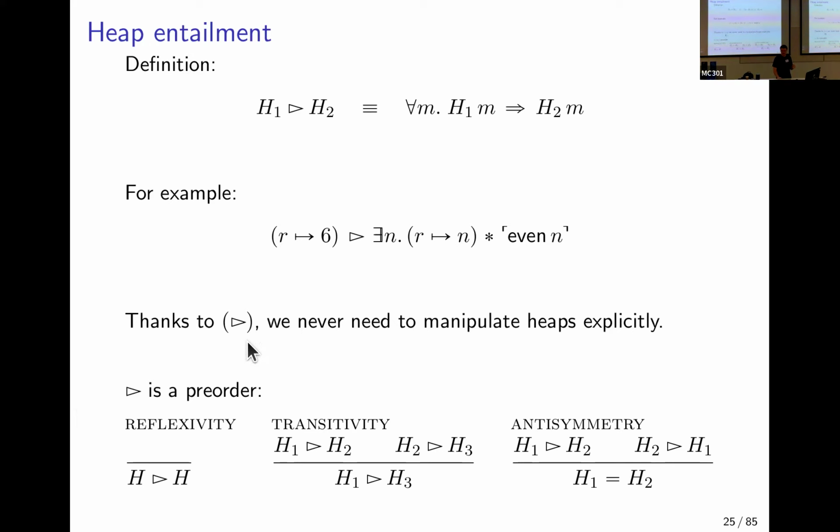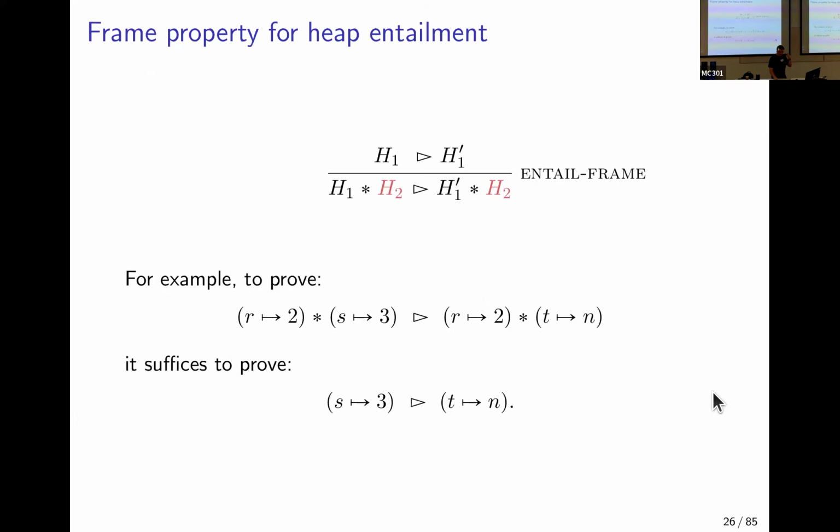This is useful to not manipulate the heap every time you're using rules of separation logic. So it's a pre-order, it's reflexive, transitive. Wait, it's a partial order, and antisymmetric. You have the frame property for entailment: if H1 entails H2, then you can extend both sides with H.